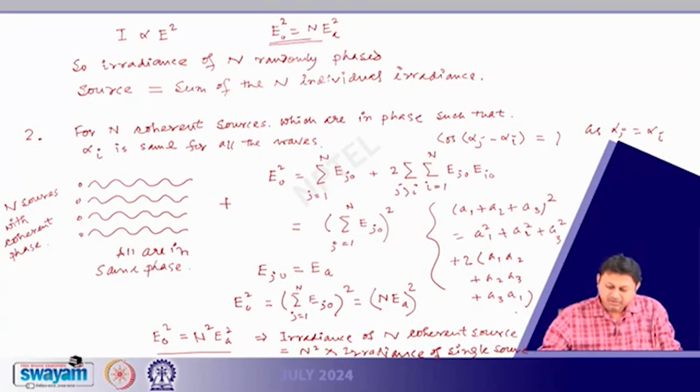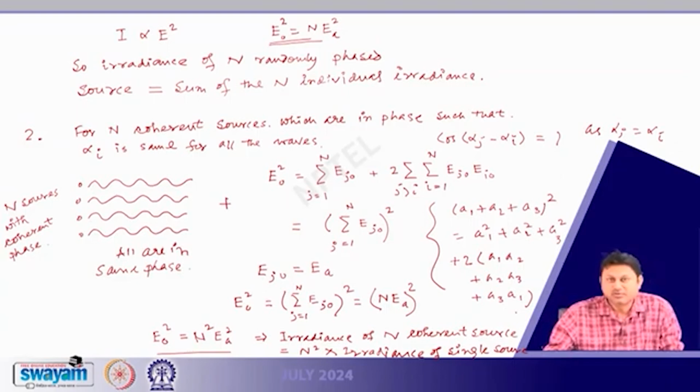So the irradiance of coherent sources is equivalent to n square multiplied by the irradiance of the single source.